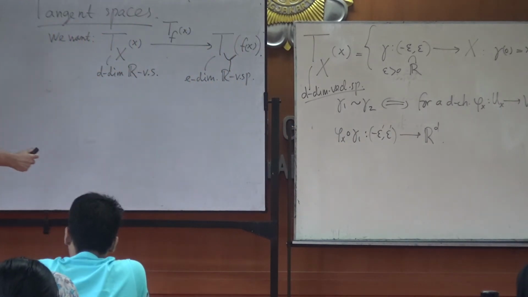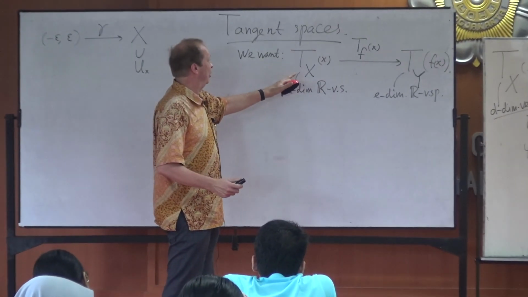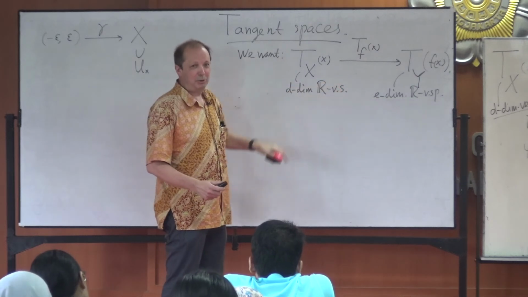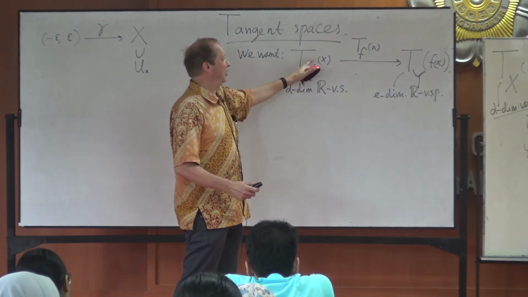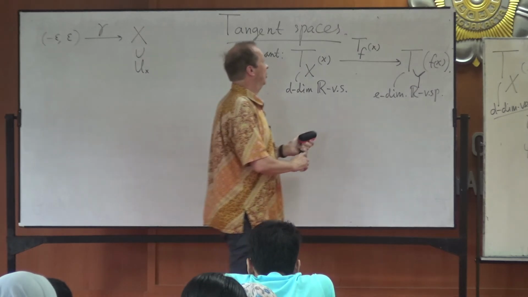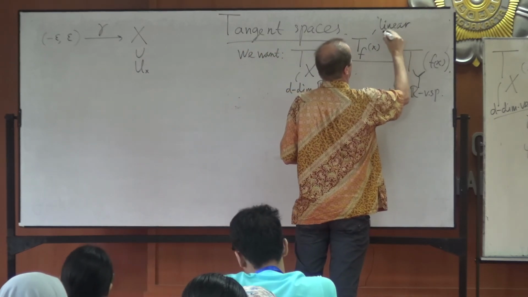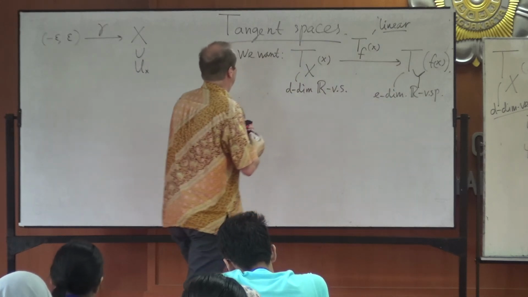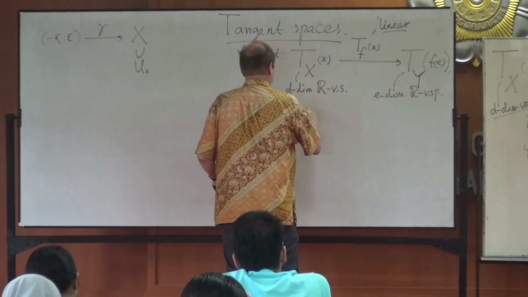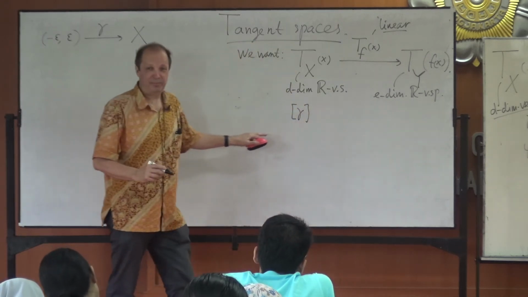But before I do that, let me say that we got what we wanted. I wanted something, and now I have it. Because I have defined this set, right? Oh, and I also wanted this to be a linear map, right? Linear map. And what do I do? If I have an element here, it is the equivalence class of some curve gamma, right?